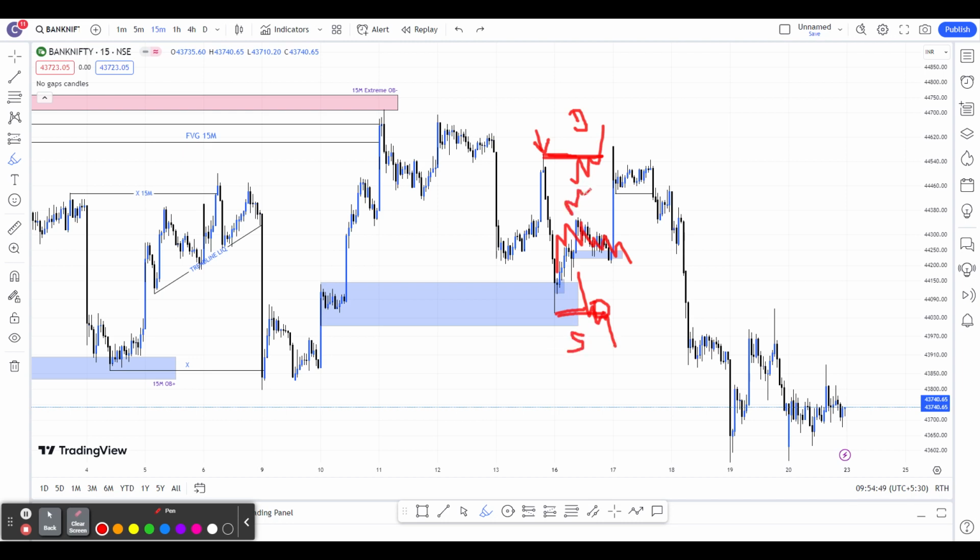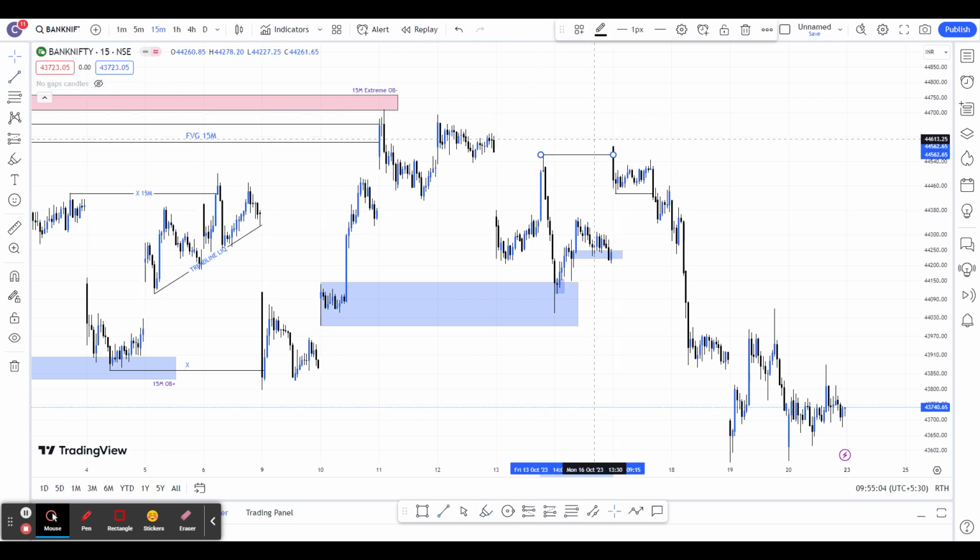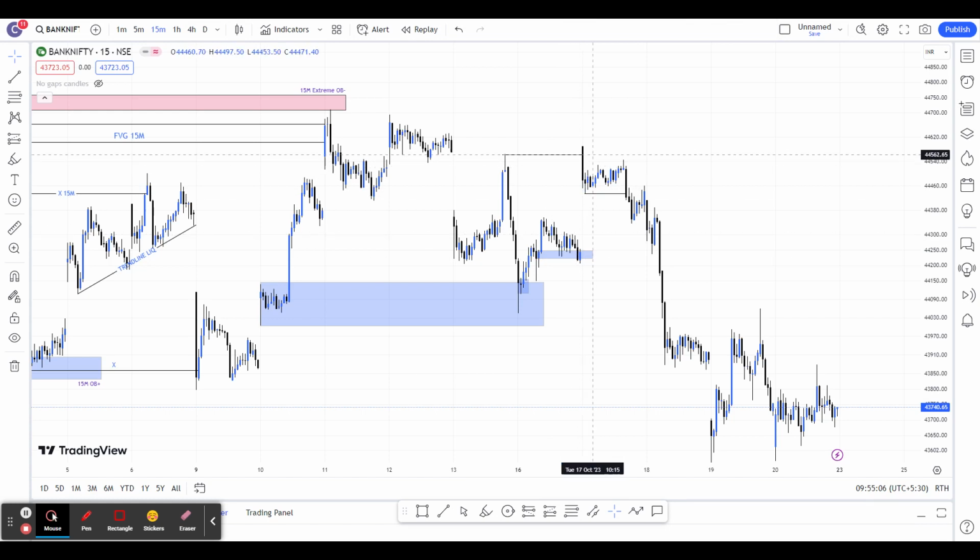But on Monday the market created a consolidation phase here. You can see the market opened gapped up from this level, and then the market swept this level again.